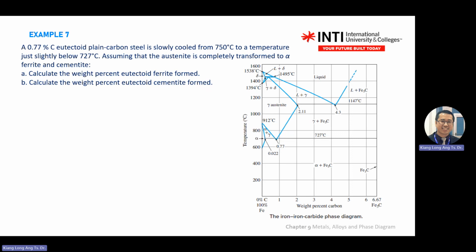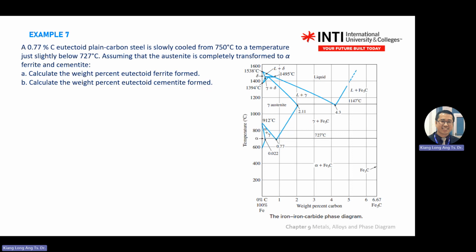The 0.77% is here, so you draw the line, then look at this temperature. Then what do you get? Assuming austenite is completely transformed to alpha and cementite.